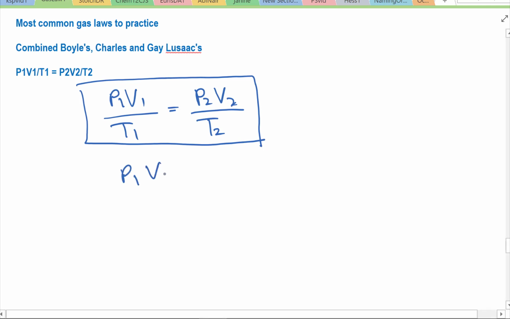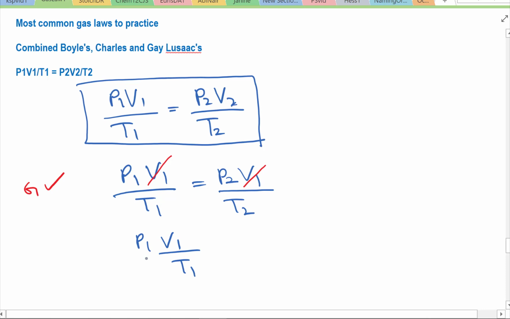We can use that one for any situation, because if you have V1 the same, then you cancel it out, so you get Gay-Lussac's law. Let's write P1 V1 T1, and if the pressure is the same, that means it's Charles's law, V1 over T1 equals V2 over T2, right?